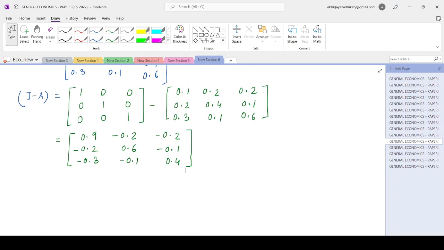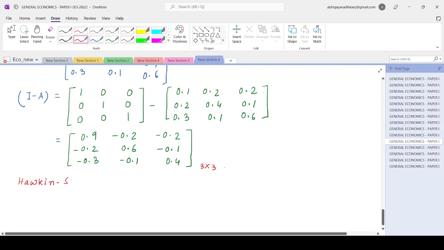So now we need to confirm the Hawkins-Simon condition. For the 2 by 2 case, we could geometrically have a view of what the Hawkins-Simon condition means. So how do we go in for the 3 by 3 case? What does the Hawkins-Simon condition state in this case?